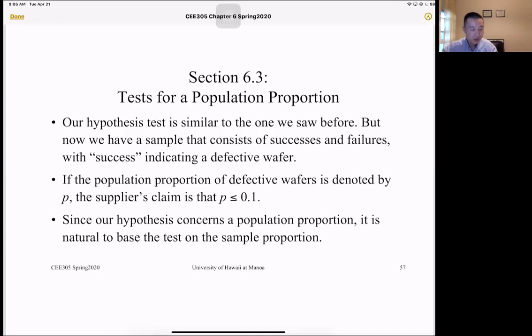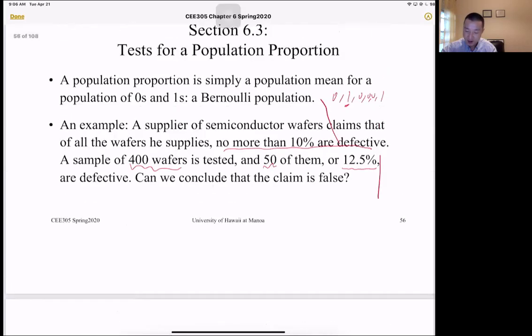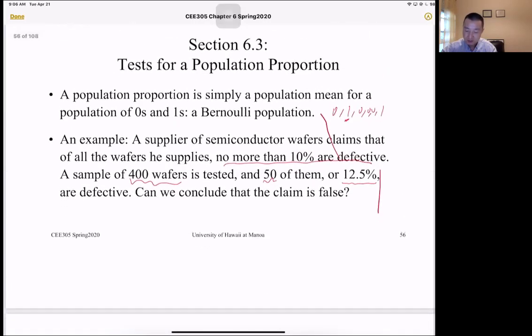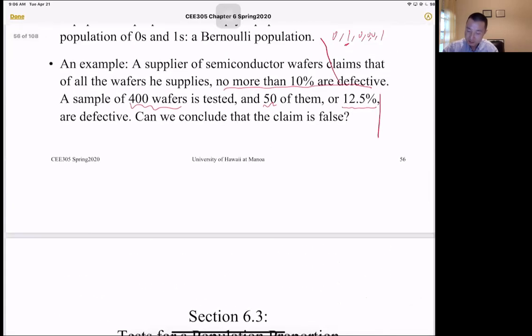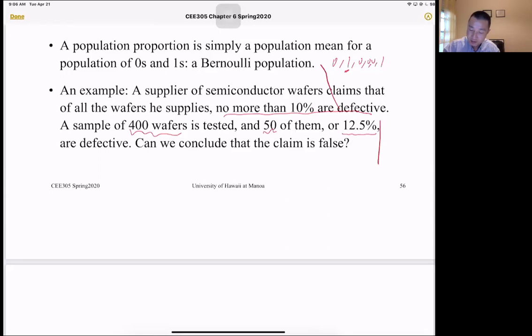So here we have a sample which has successes and failures, and success means a defective wafer. We get 400 wafers, and we found out 50 of them are defective. So that's the condition. If we call the population proportion of defective wafers P, then the claim is that P is less than or equal to 0.1, no more than 10% are defective.